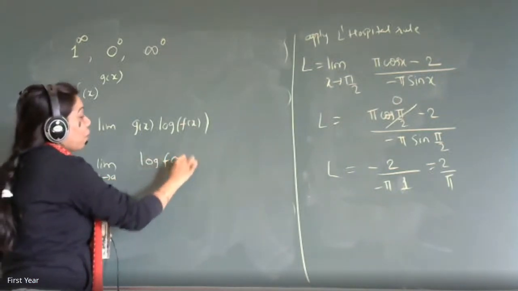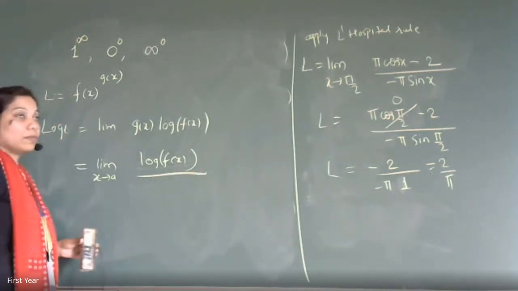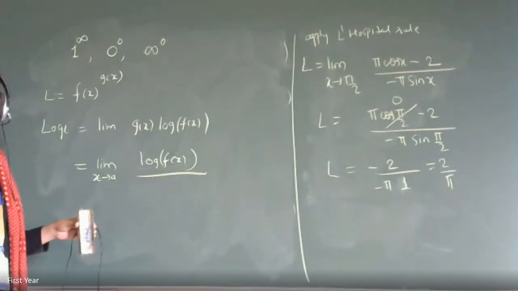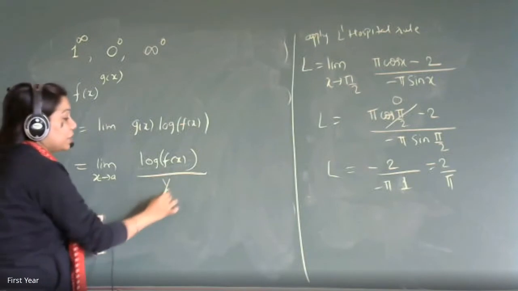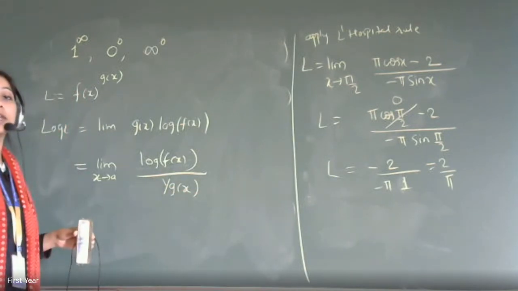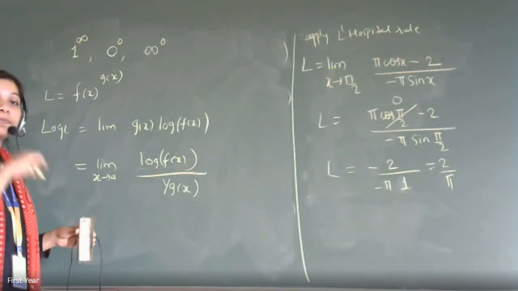I cannot take log as a denominator, because its derivative will become lengthier. Then there is a chance that it will become infinity by infinity or 0 by 0. Is it okay?